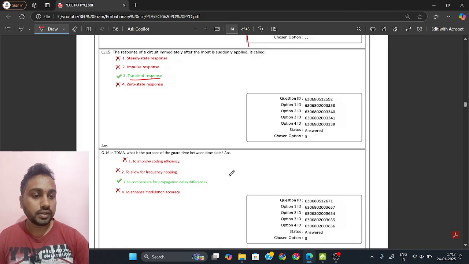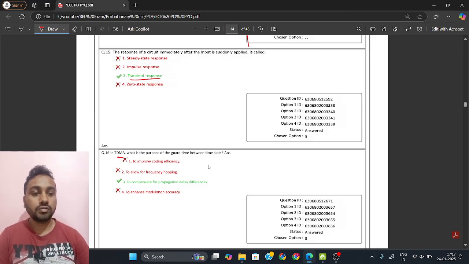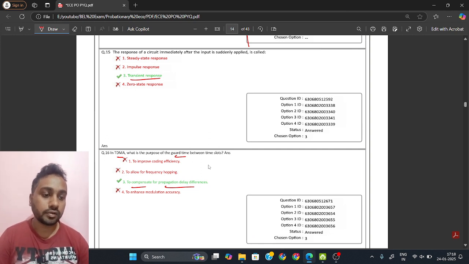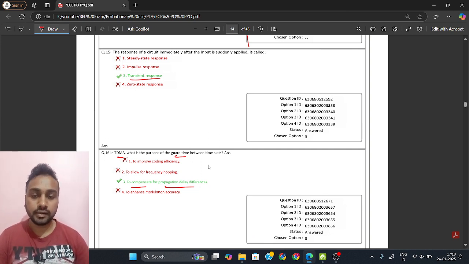In TDM, what is the purpose of guard time between time slots? TDM means time division multiplexing. Generally, we apply guard time to compensate for the propagation delay difference between the two slots. Option C will be the right answer.